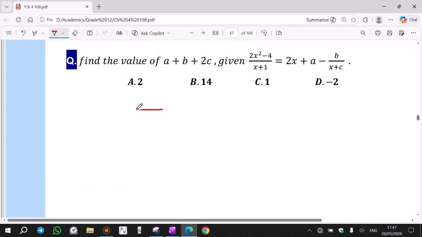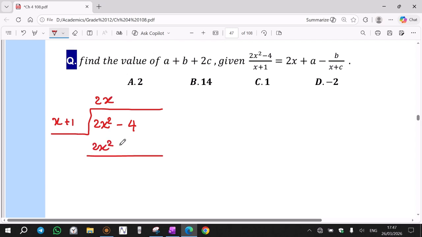Firstly, we write the long division sign. Here is x plus 1, and here 2x squared minus 4. x multiplied by what value becomes 2x squared? That's 2x. 2x multiplied by x is 2x squared. 2x multiplied by 1 is plus 2x.